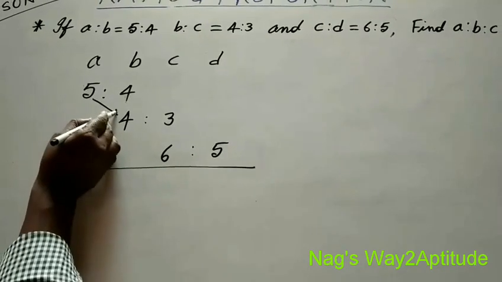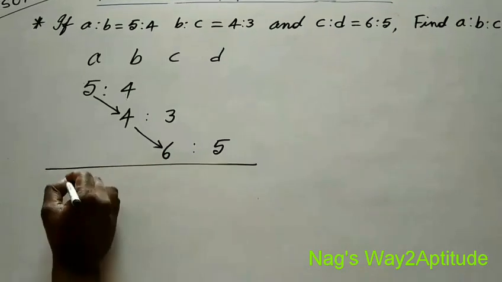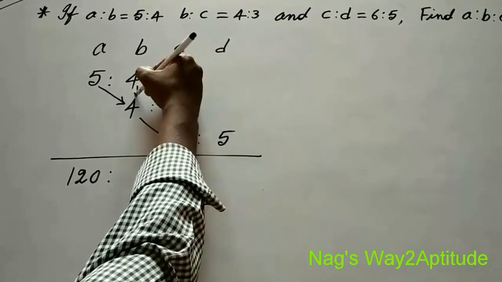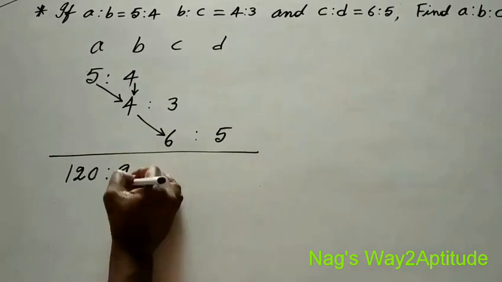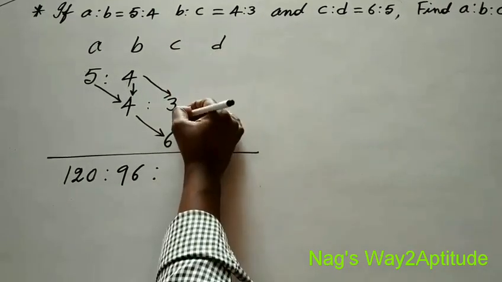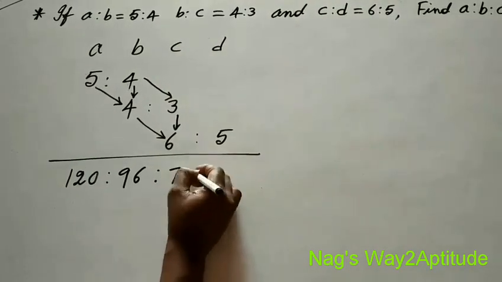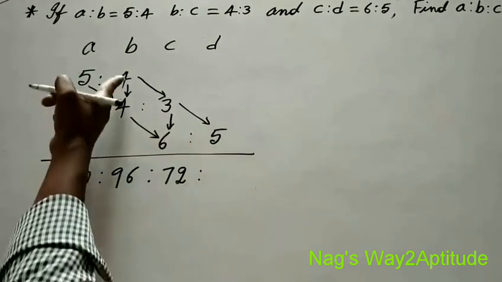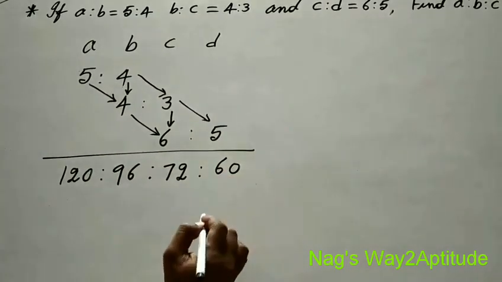multiply these 3 terms. 5 4s are 20, 20 6s are 120 is to, now multiply these 3 terms. 4 4s are 16, 16 6s are 96, and in the next step 4 3s are 12, 12 6s are 72, and finally these 3 terms, 4 3s are 12, 12 5s are 60.